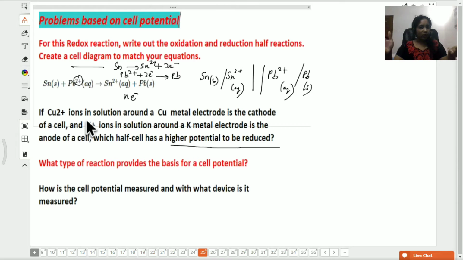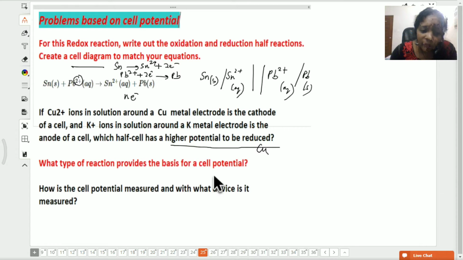Which one is more electropositive? Electropositive means the tendency to undergo oxidation is higher, meaning it will have a negative reduction potential. So definitely copper is the one with the higher potential to be reduced, meaning a more positive value compared to potassium.